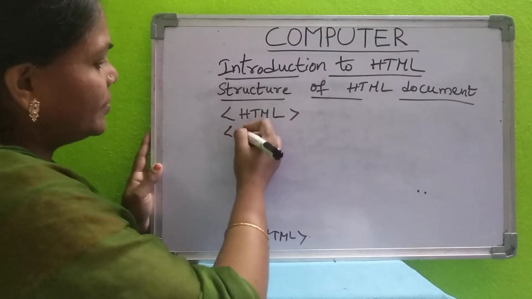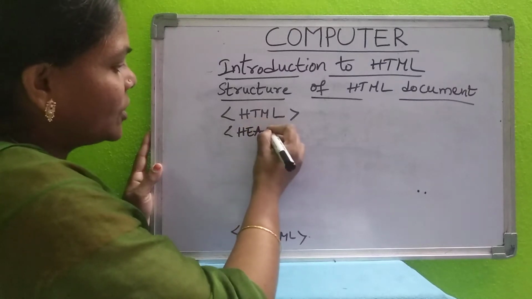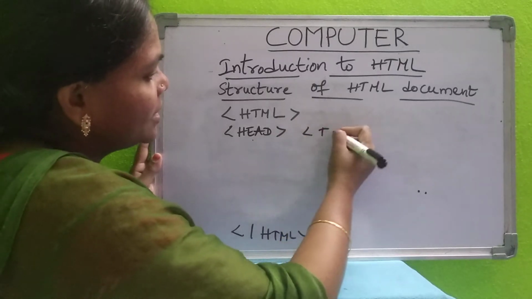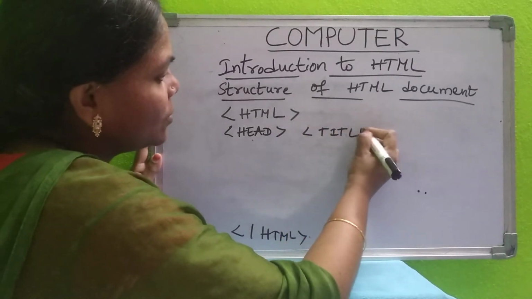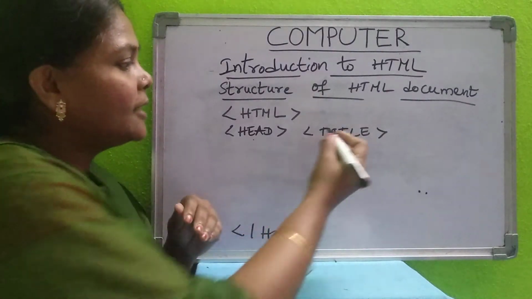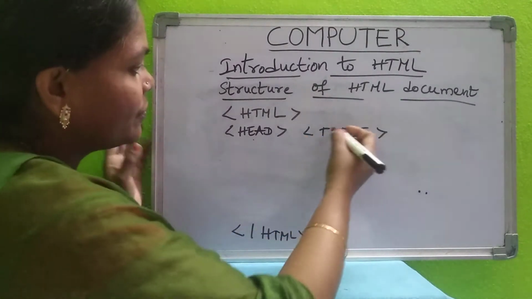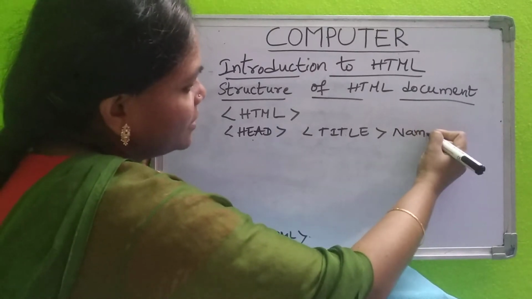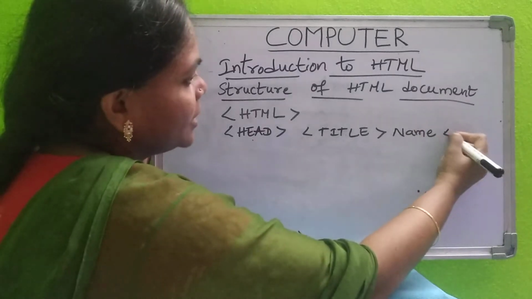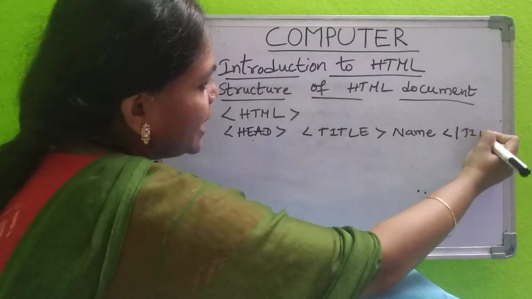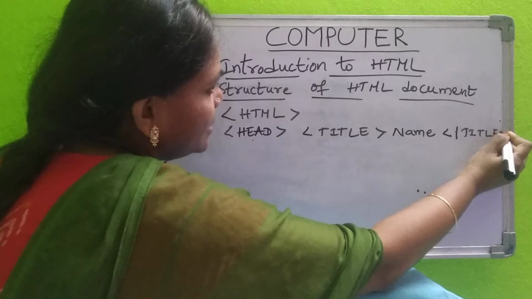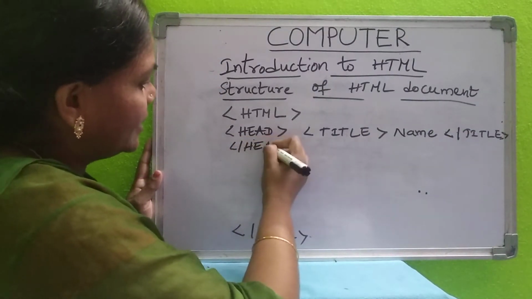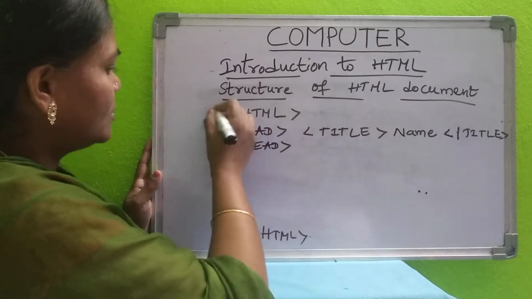Next, in this HTML we have the head tag. You can write capital letters or small letters. In this head tag we have the title. Whatever title you want to give for your web page, you have to mention here. I am giving some name, because we write only a name here. Next, the off tag, because it is a content element, so it should contain an on tag and an off tag. Next we close the head tag.